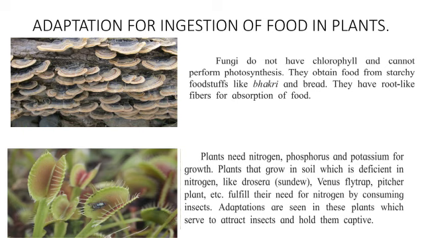Plants that grow in soil which is deficient in nitrogen like Drosera, that is sundew, Venus flytrap, pitcher plant, etc., fulfill their need for nitrogen by consuming insects. Adaptations are seen in these plants which serve to attract insects and hold them captive.